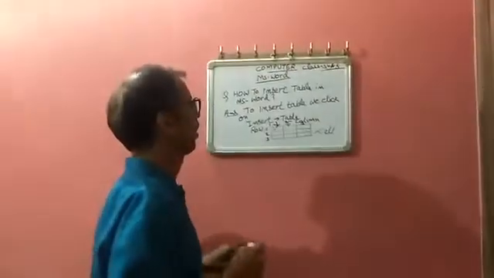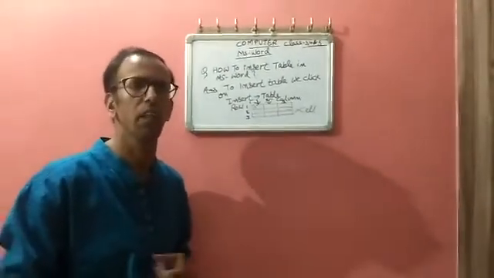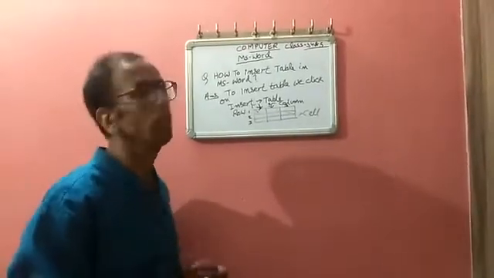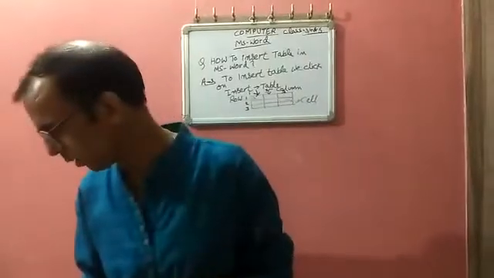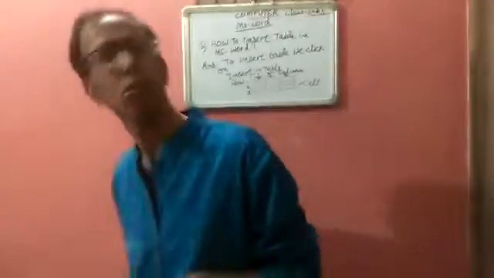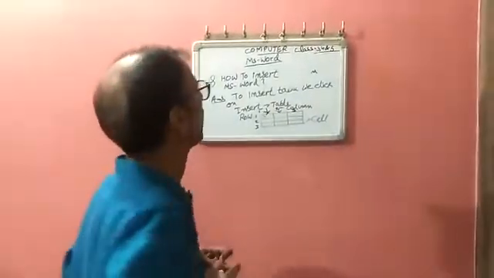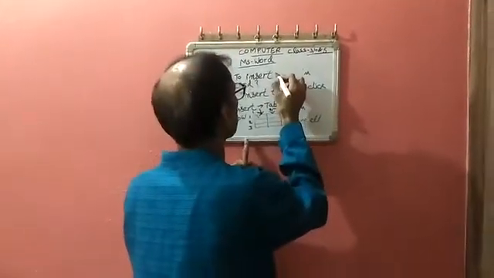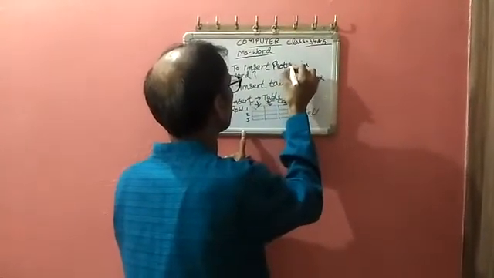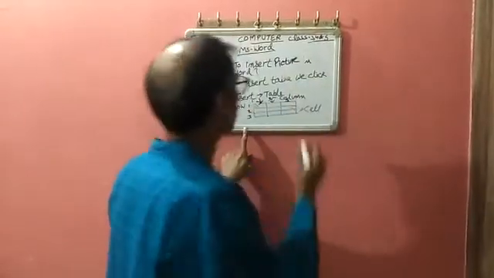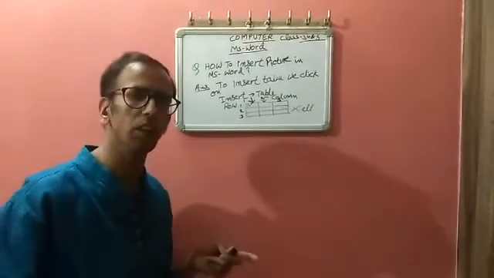That is the only thing you need to know about the table. And now we move towards how we will insert a picture in MS Word. The process is the same.